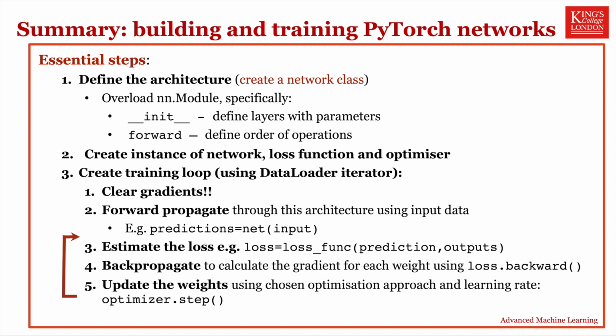Then, in the body of the training loop, you first clear the gradients, then you forward propagate in one line, something like this. Then you estimate the loss for the prediction, which is returned, and then backpropagate, calling backward on the loss tensor. And finally, you take a step in the direction of decreasing gradient using the optimizer.